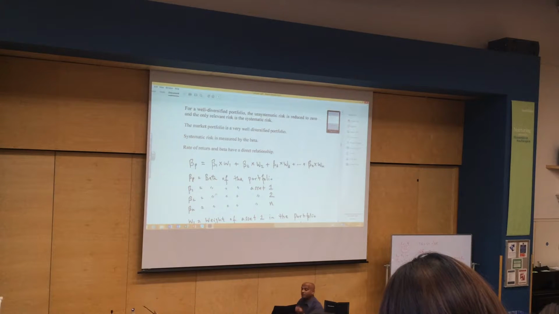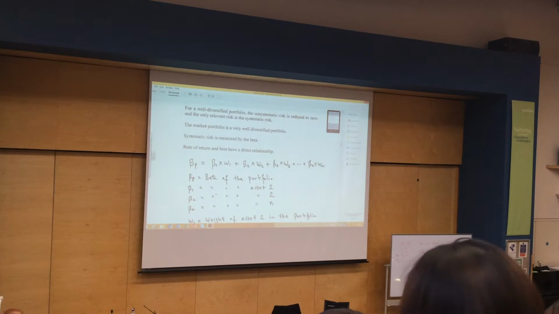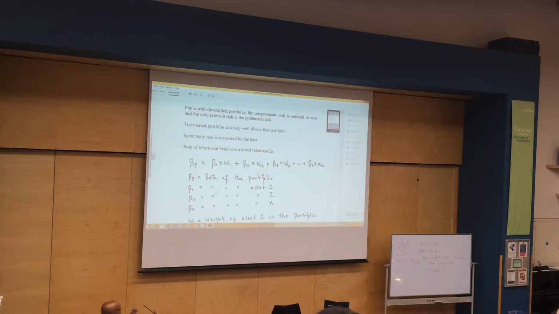Each asset will have its own beta. Each asset has its own standard deviation. Each asset has different total risk, different systematic risk, and different unsystematic risk, which should not be a problem. So each asset has its own beta and own weight, and that creates the beta of the portfolio.